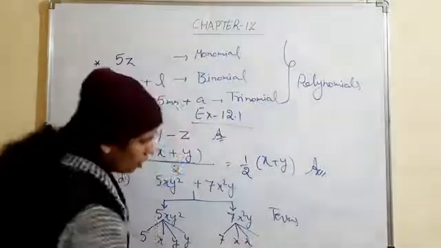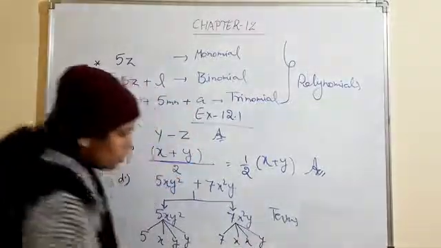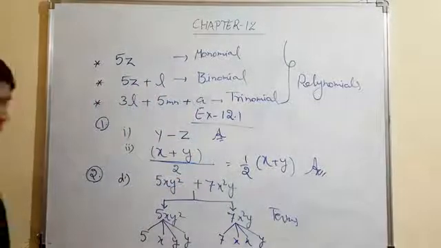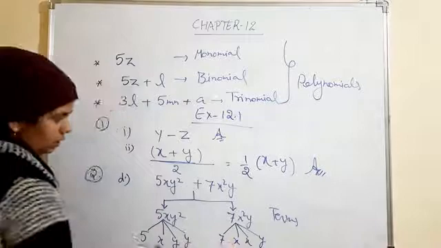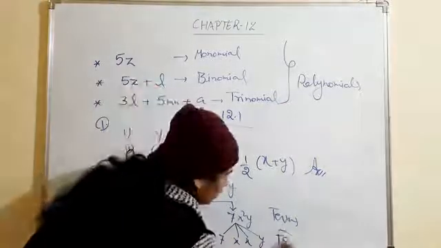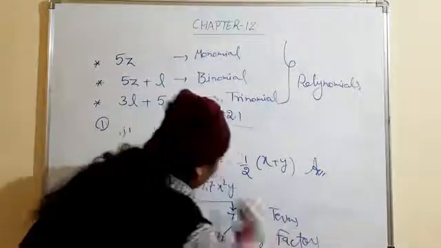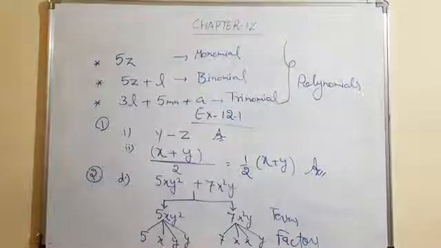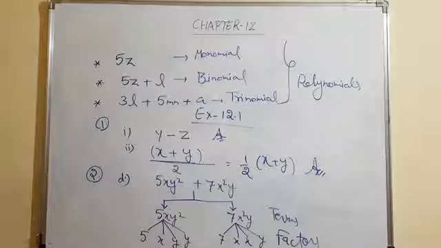And now 1 y is also there. So 7, x, x, y are the factors. So write here factors. And this is called a factor tree. Now the rest of the parts you will try. Even the second part is the same.